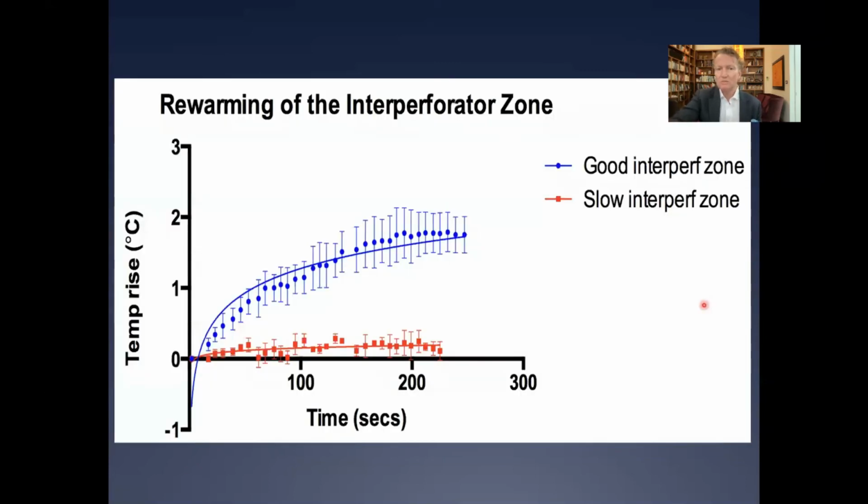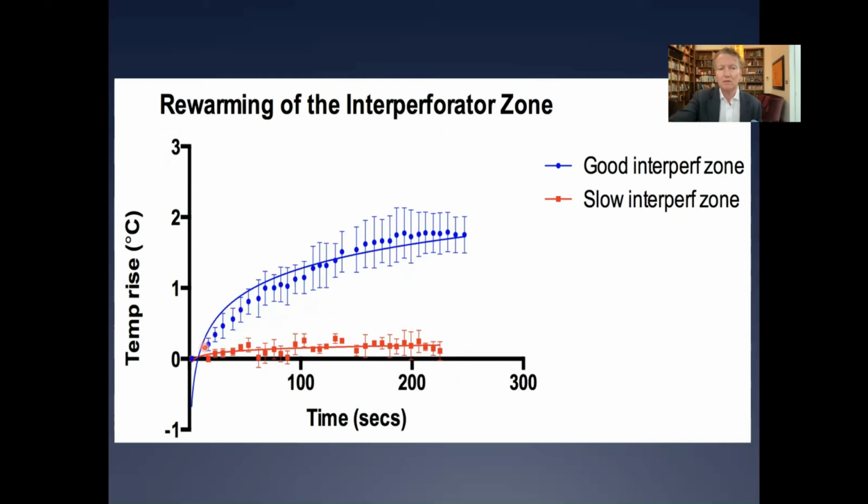Now, we know that these perforators act differently. So this is a study where we looked at the skin and we cooled it down with one of those athletic sports packs, one of those ice packs that you put in the fridge when you sprain your ankle. Cooled the skin down to 0 degrees. And then with thermography, that's an infrared camera that measures temperature, we measured how quickly the skin rewarmed, how quickly it reheated.